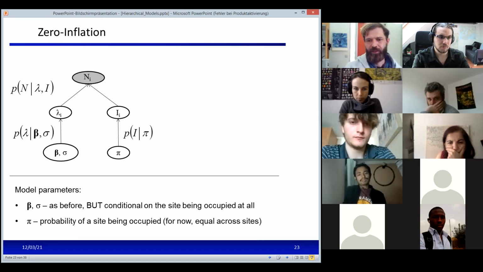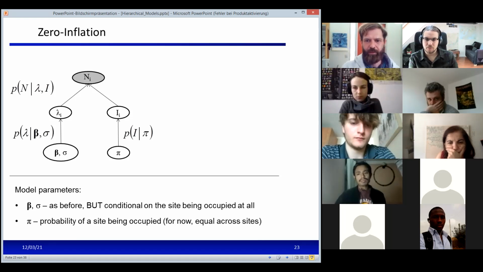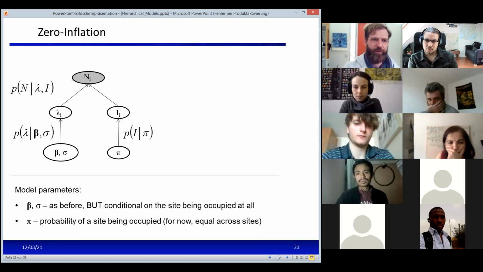But often we find more zeros in our data than we would expect only according to the variation from a Poisson distribution.